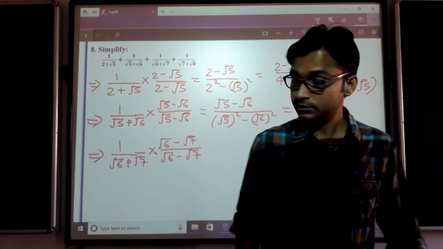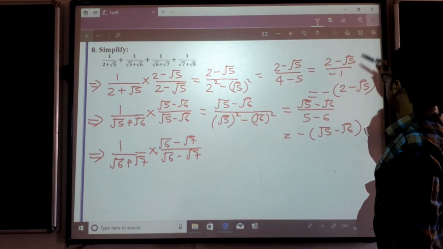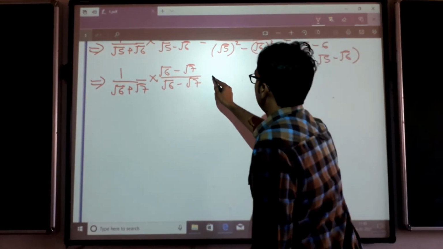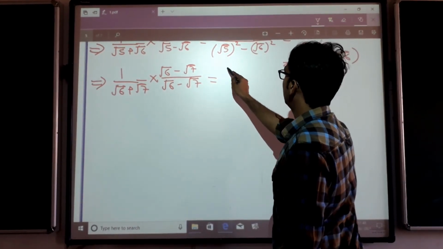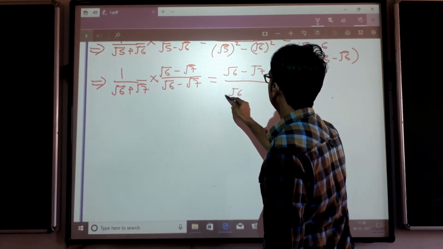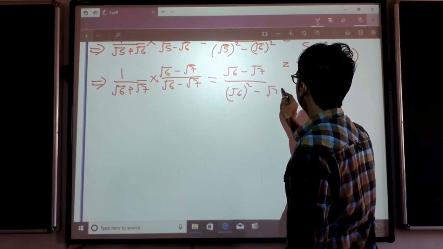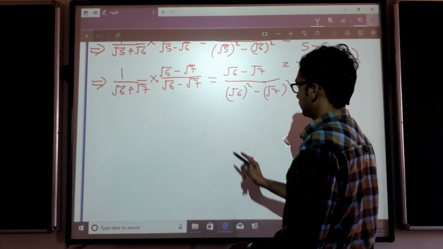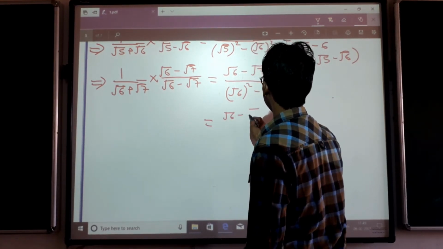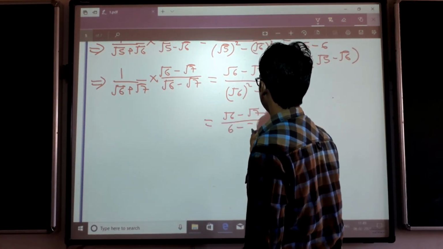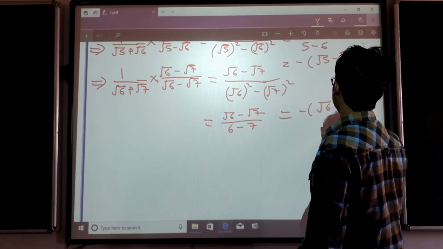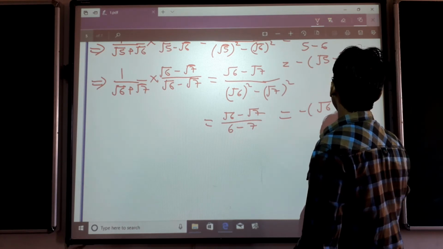So when we do its multiplication, we will get root 6 minus root 7 upon root 6 square minus root 7 square. Which means root 6 minus root 7 upon 6 minus 7, and that is equal to minus (square root 6 minus square root 7).